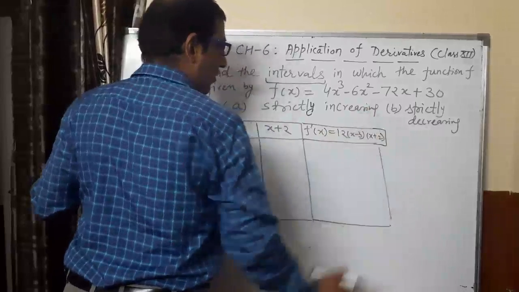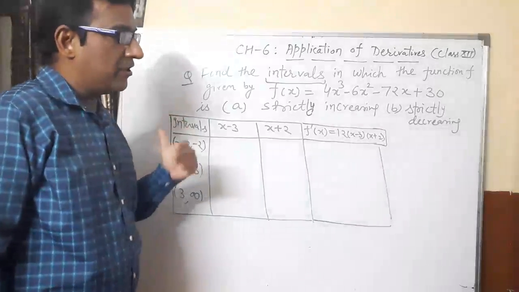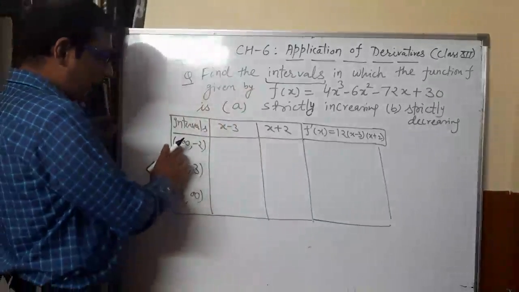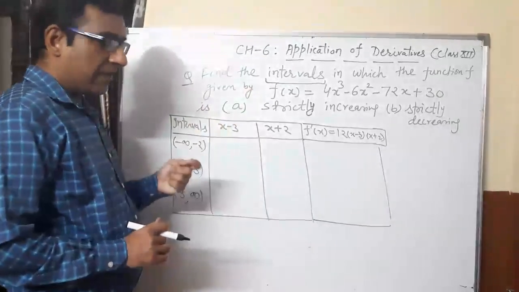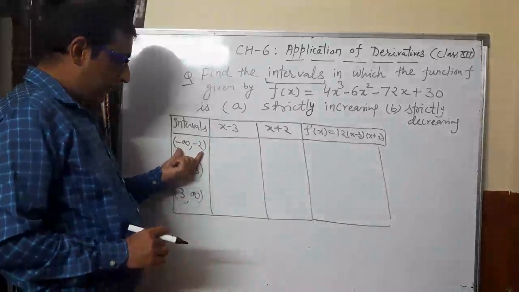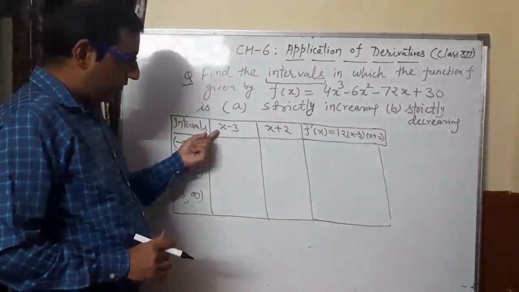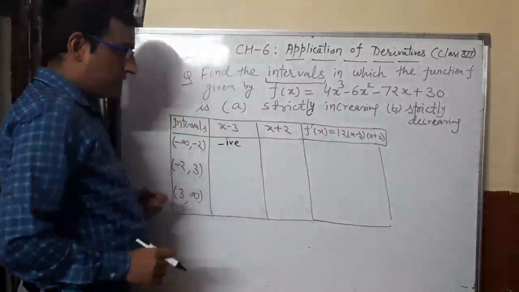Okay, now we have to calculate in which interval the given function is strictly increasing or in which interval it is strictly decreasing. So what we will do, we will take any value between minus infinity to minus 2. Let's take minus 3, which lies in this interval. If we put minus 3 as the value of x, then x minus 3 becomes negative, right?